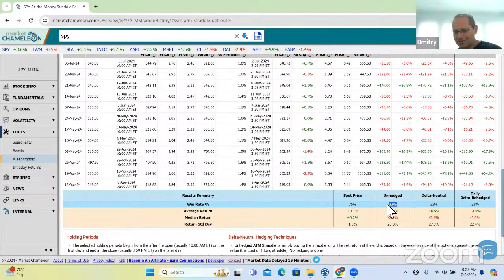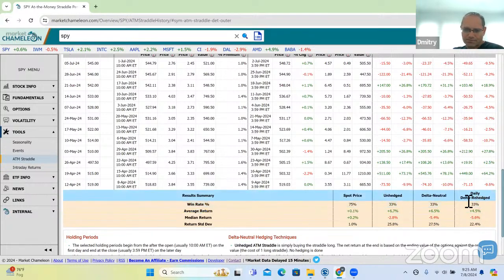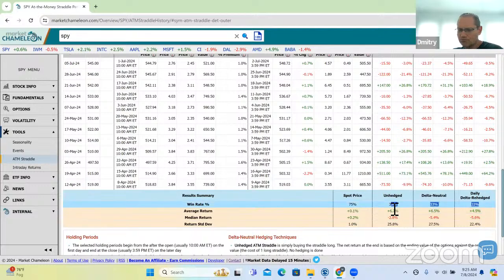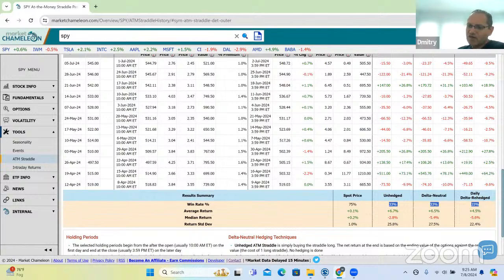How often did the strategy gain value if you did it delta neutral, so you involved the stock component to hedge off the delta? Well, that was also 33%. What about rehedging? 33%. So really, all three strategies gained in value one third of the time.